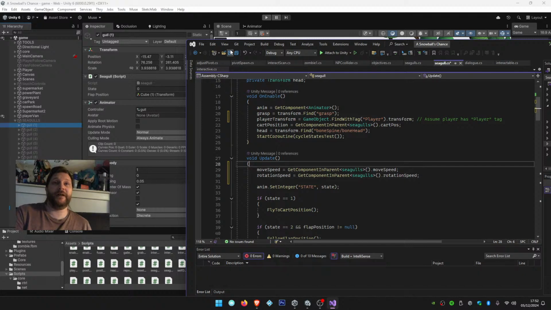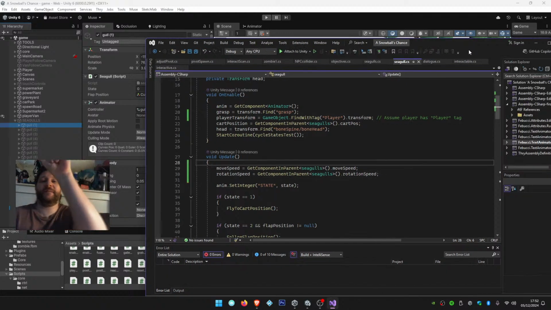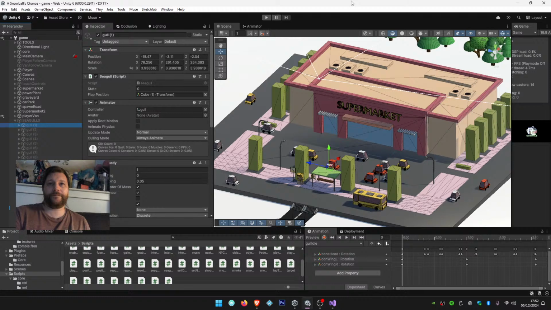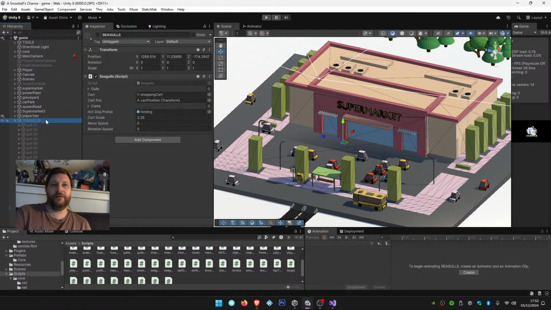There we go, in update. And that way, as I'm tweaking the values around, we can see that now, right? So we'll see that our movement speed and rotation speed disappeared from the Seagull and the Seagulls. So let me just turn this on so you can see what's going on.